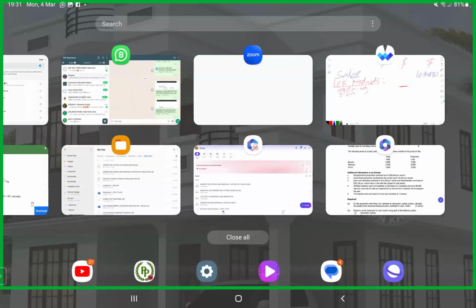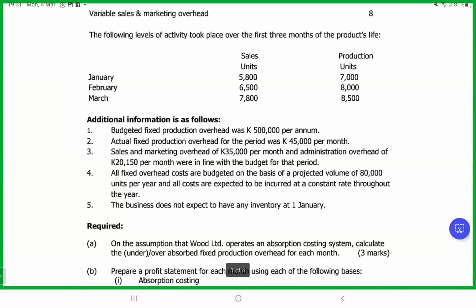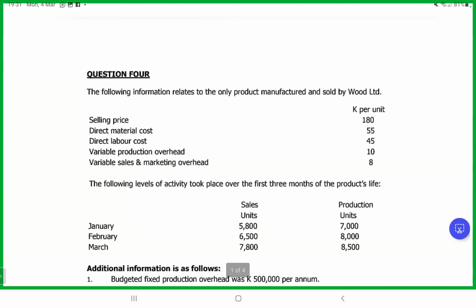Let's find the direct material costs. We're given the cost per unit being 55 for 1 unit. How many units were produced in January? Are you able to see the level of production, the units down here below in the level of activities? That's 7,000.